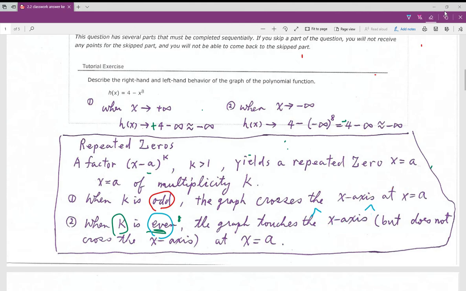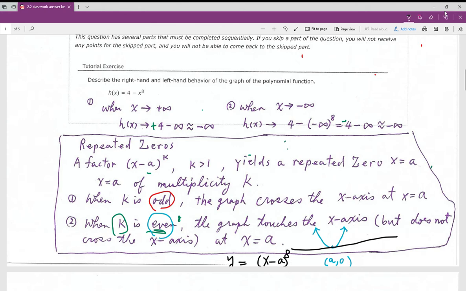When we have repeated zeros, then you don't have so many x-intercepts. Okay, so it means even if you have this, you have only one x-intercept, a, 0. If you have a high degree, oh, so sorry, I graphed it wrong. Okay, here. So you have only one x-intercept.